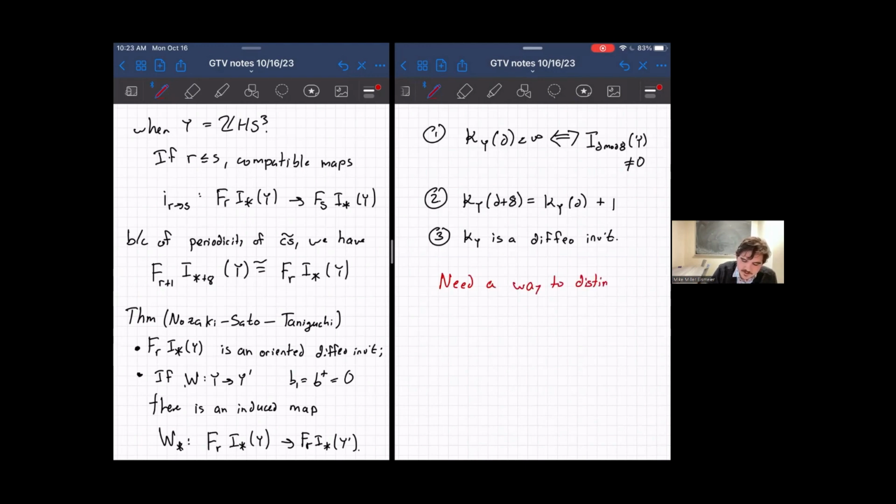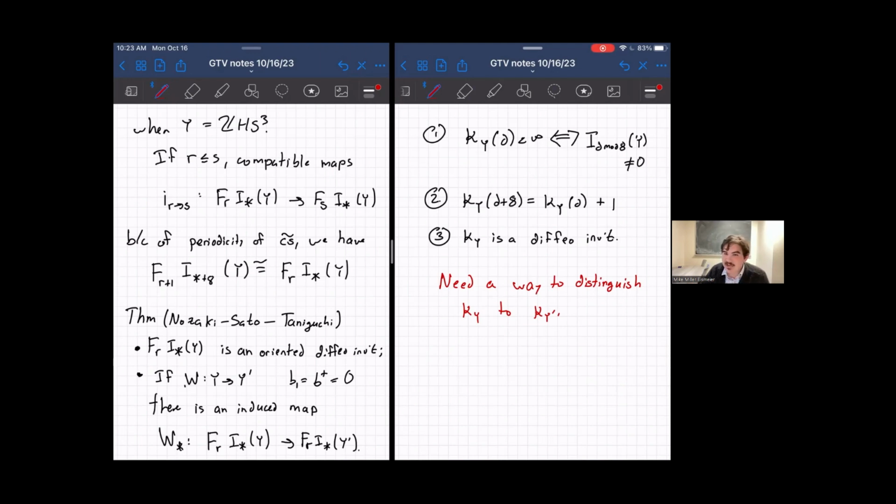If I'm going to try and use this to distinguish 2-3 manifolds, I need a way of distinguishing these functions. And the answer had better not be compute them, because I can count on one hand the number of integer homology spheres I can compute this for explicitly.